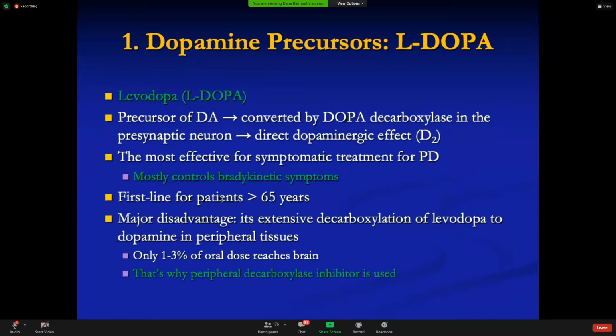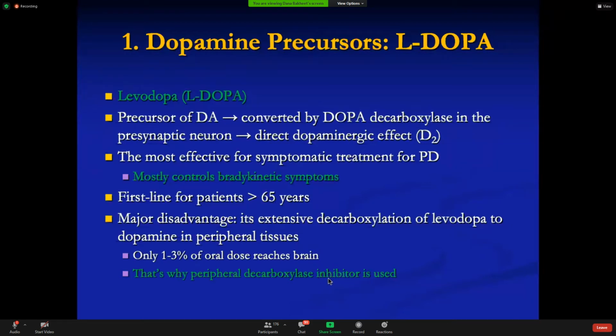Now, first line of treatment for more than 65 years. The major disadvantage is extensive decarboxylation of levodopa to dopamine in peripheral tissue. This is what I asked you earlier. If you have peripheral decarboxylation of the levodopa, what will happen? It will not reach the blood-brain barrier, and that's why we need to use a peripheral decarboxylase inhibitor.